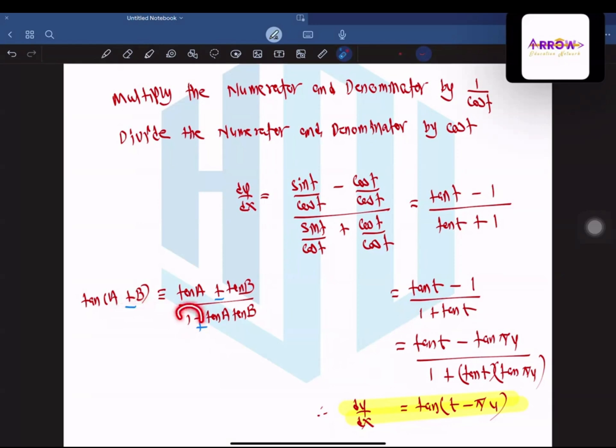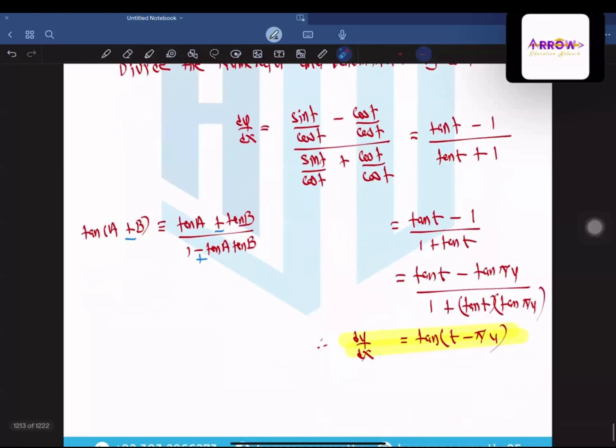So that's why in place of this one, I have not mentioned tan pi over 4. However, as we have seen, this is tan a times tan b. So in place of tan t, I can write tan t multiplied by 1, and in place of 1, I can write tan pi over 4. So tan t multiplied by tan pi over 4. Now you can exactly say that this is the expansion which we are looking for, tan of t minus pi over 4.